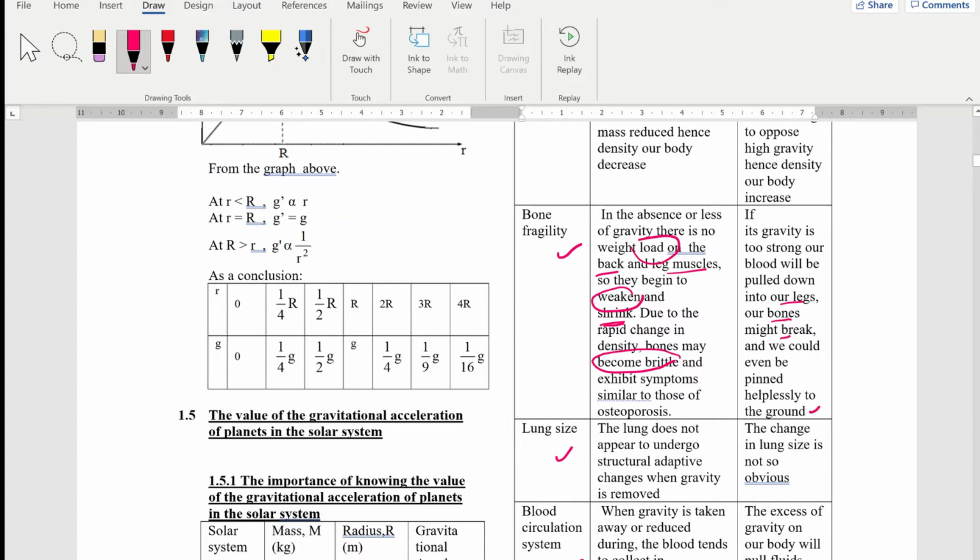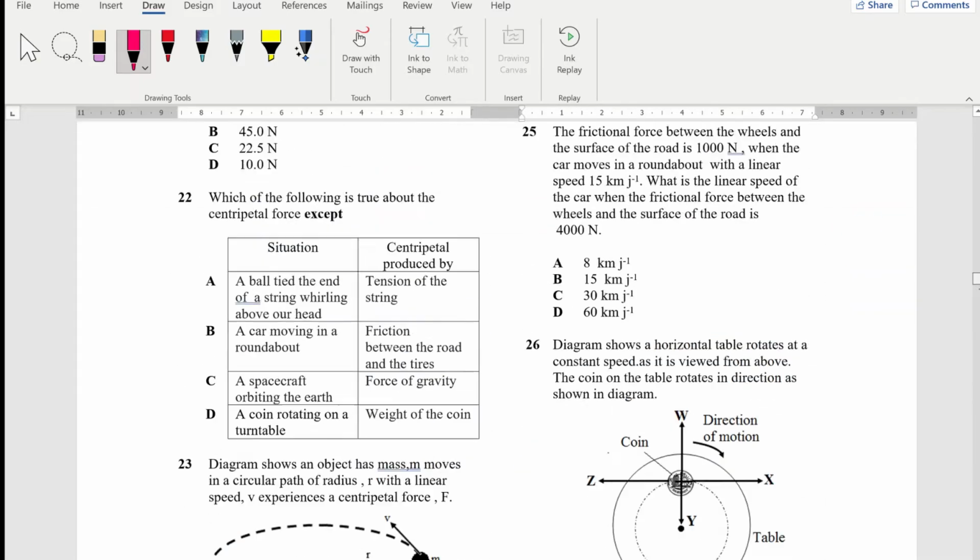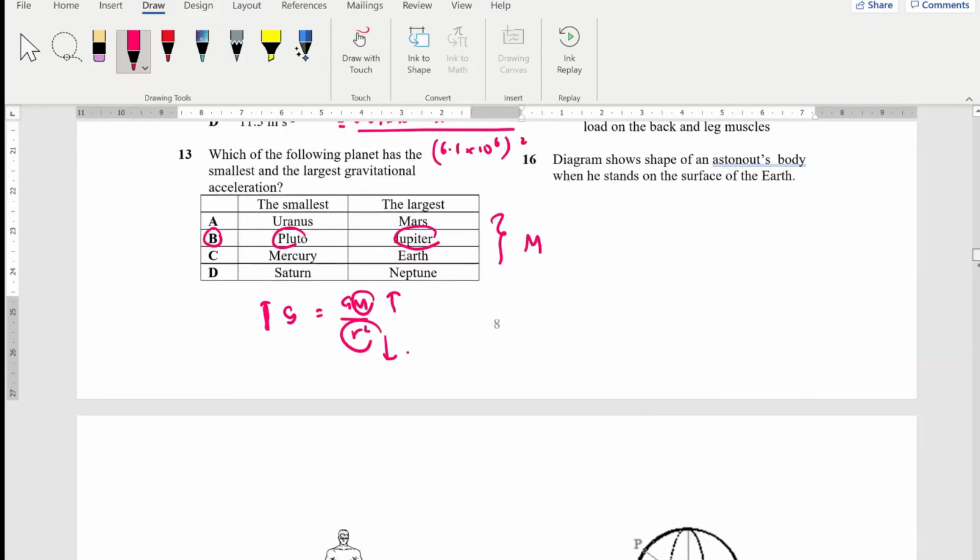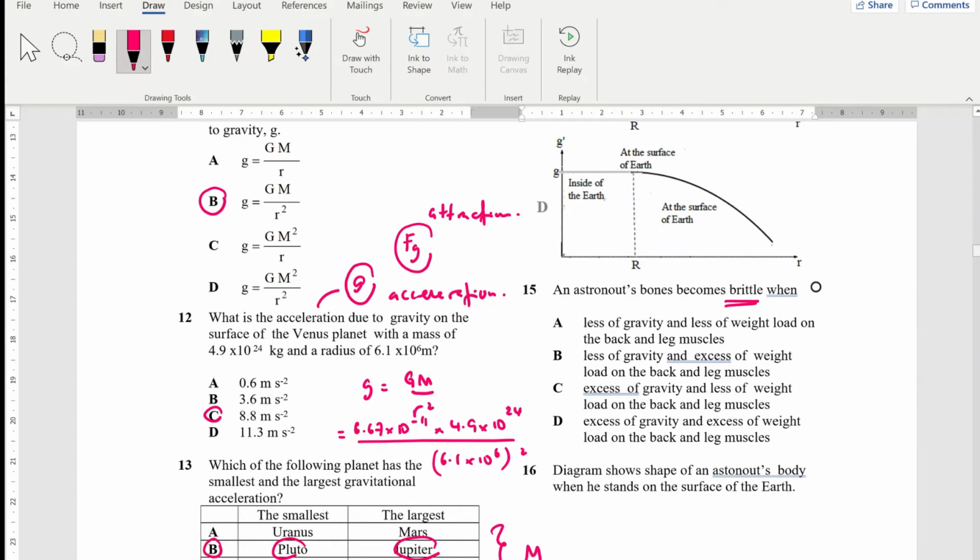It means gravity is so strong that your bones cannot support the body anymore. So the answer for question 15 is A. Less gravity and less weight load on the back and leg muscles.